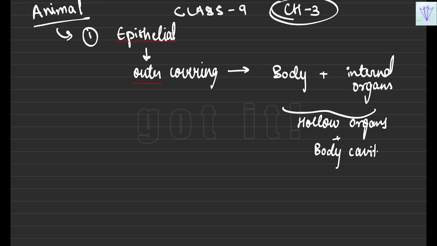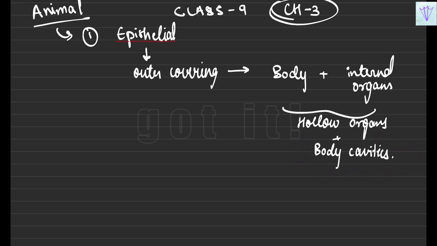So this is the proper first line for epithelial tissue, that is, epithelial tissue forms the outer covering of the body and internal organs. It also lines hollow organs and body cavities.